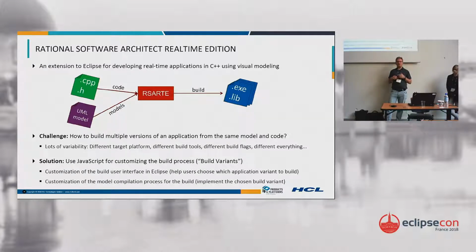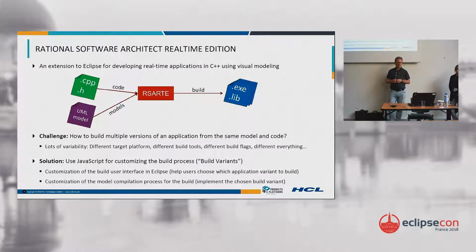The user develops code using CDT, as usual, C++ and header files. Then they also create models, which are mostly state machines and other similar diagrams in UML. Those two sources, the code and the model, go into RSART, or a model compiler component, that compiles them into C++ code, which is then compiled into executables or libraries.